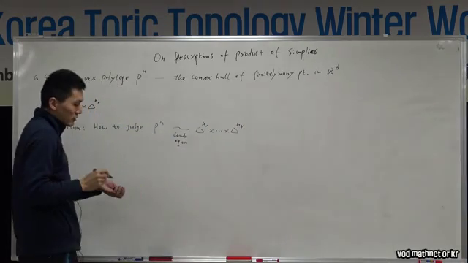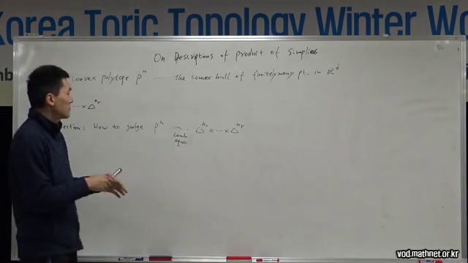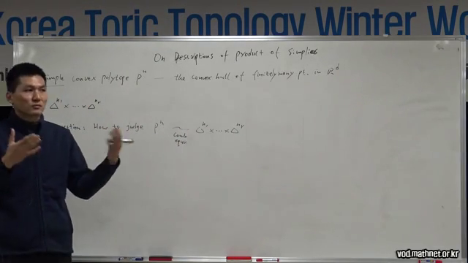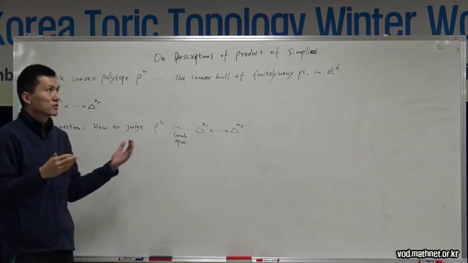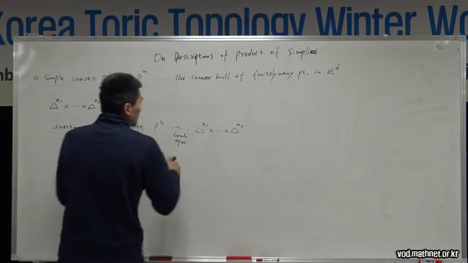A combinatorial equivalence just means that there's a bijection between the faces of these two polytopes that preserves the inclusion relations. Or you can say there's a bijection between their face lattices that preserves the order. So this is my question.